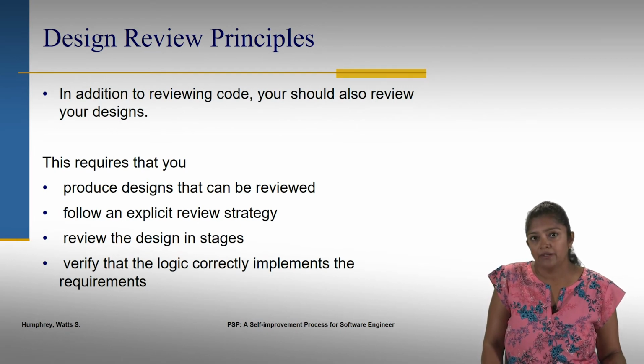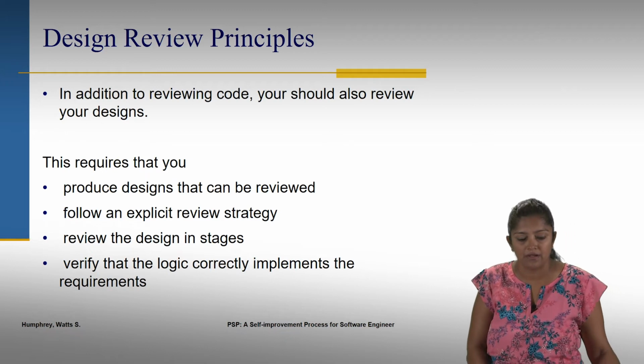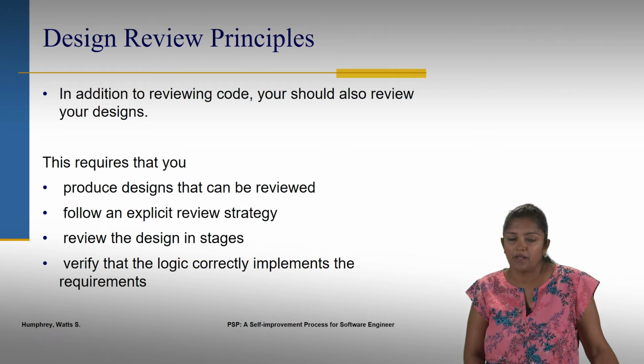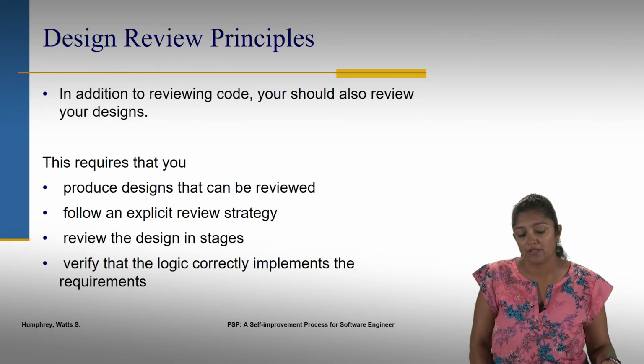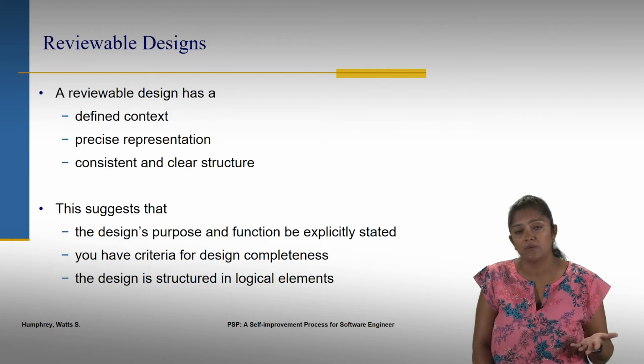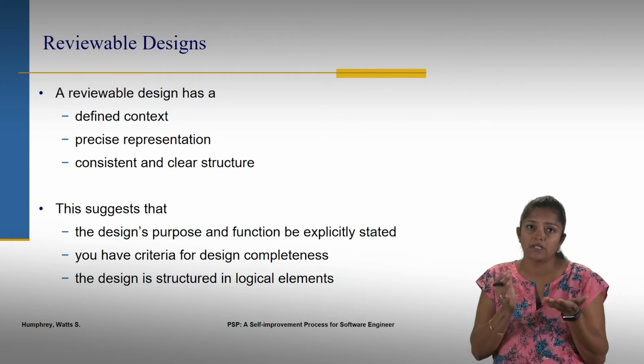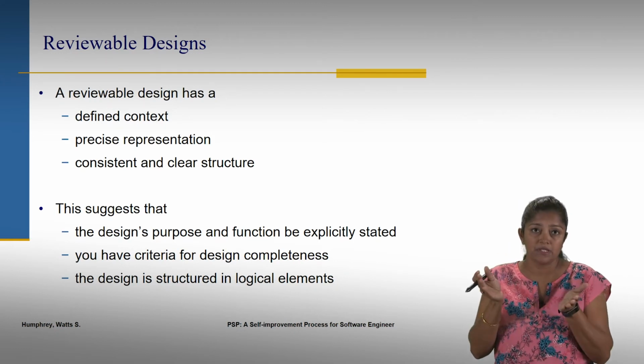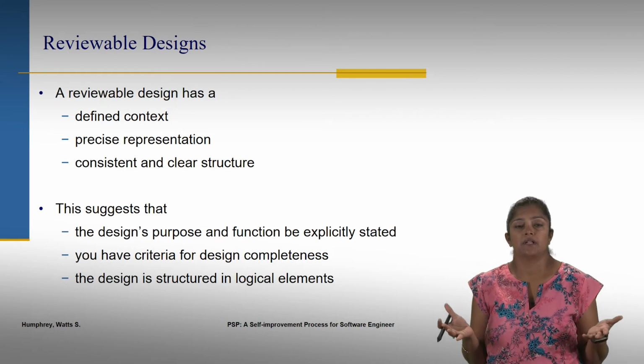So for design review, another important aspect is that the designs should be produced in such a way that they're reviewable, and again, there should be an explicit strategy of what it is that you're reviewing. And then it should be done according to that strategy. So basically, when we say reviewable design, there should be a defined context, a precise representation, and a consistent and clear structure.